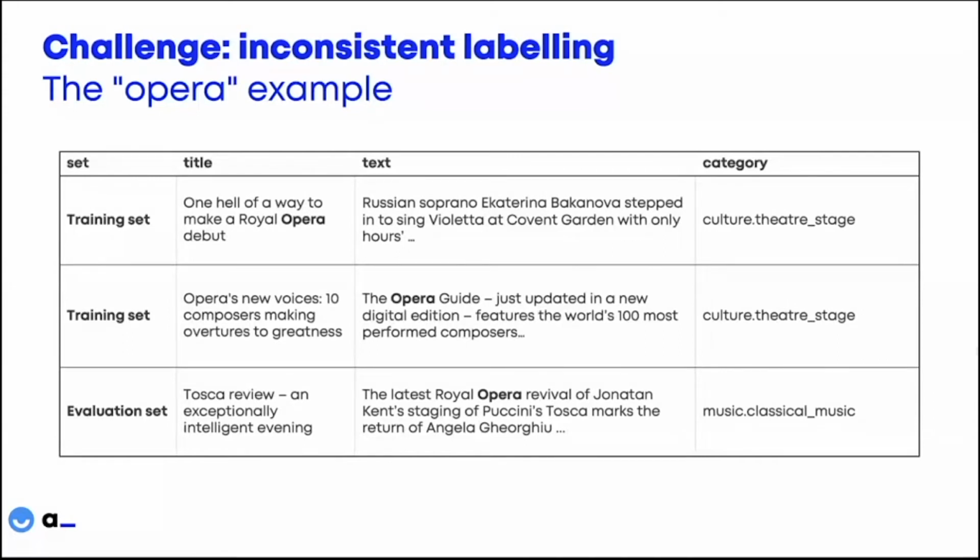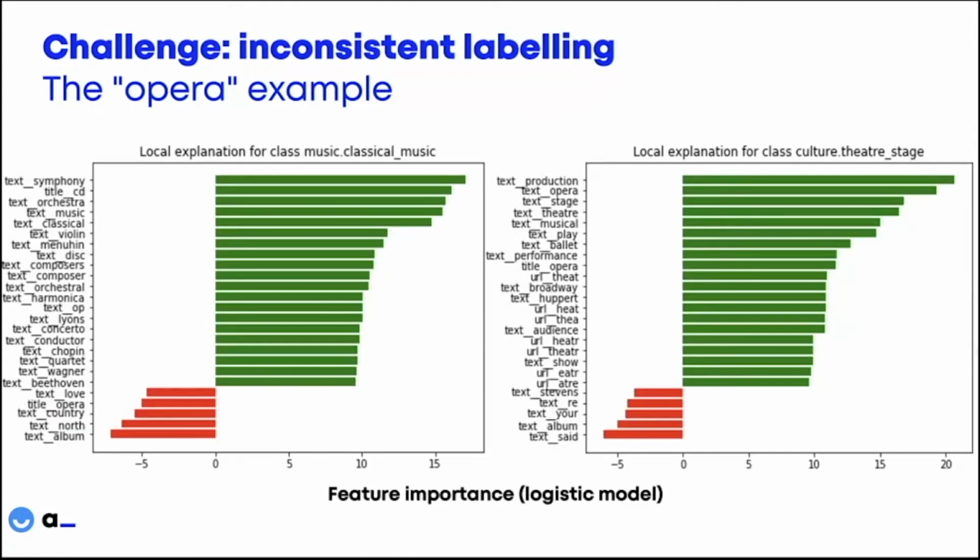So we believed it can be pretty confusing for our model, and we decided to dig a bit deeper. We generated feature importance charts that you can see, for those 2 labels I mentioned before. And we discovered that for classical music, the evaluation set label, the word opera appearing in the title speaks against assigning this particular article to this category.